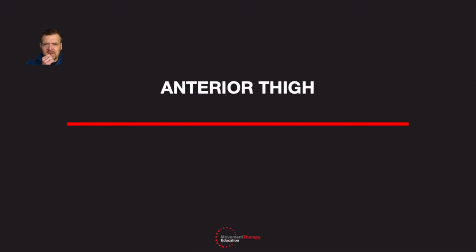Okay, last bit. So anterior thigh. Just a bit of a recap then. So the thigh is split into compartments, just like the leg, and each of those compartments have got an attachment into the femur, onto the periosteum of the femur, and they divide the leg into these sections.